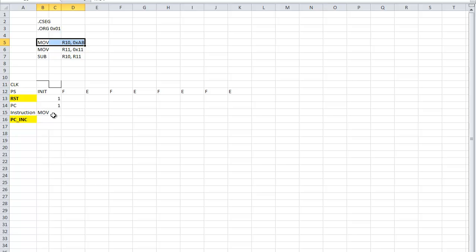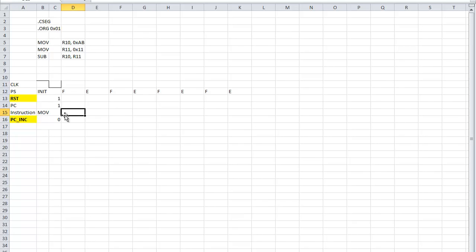So you wouldn't actually see the word move, you would see the 18-bit code that this represents. PC increment is going to be 0 in the init state because we're not incrementing anything, we're just resetting the system. Okay, so I could list every single signal that's in that architecture diagram down the left-hand side and fill out what it would be for every state, but right now I'm just focusing on these few just so you can start getting an idea of what's going on in the fetch versus execute states.